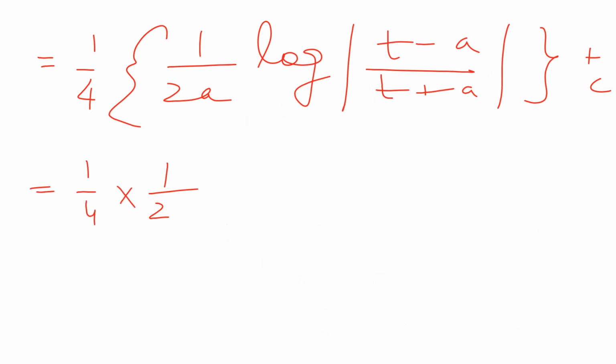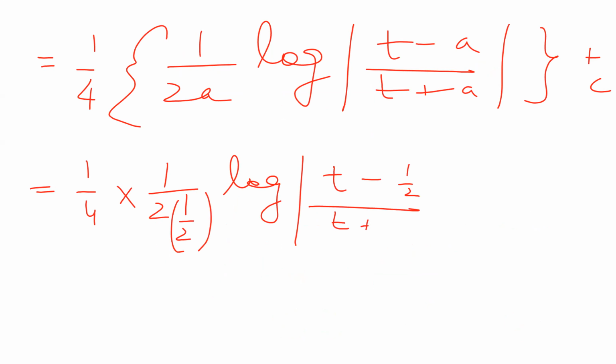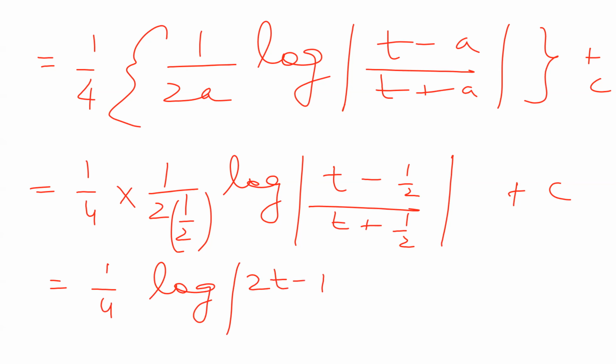What is a? A is half. Log mod t minus half upon t plus half plus c. 2 getting cancelled. 1 upon 4 log mod 2t minus 1 upon 2t plus 1. And towards the end, replace t with e raised to x. That's it. Procedure should remain the same.